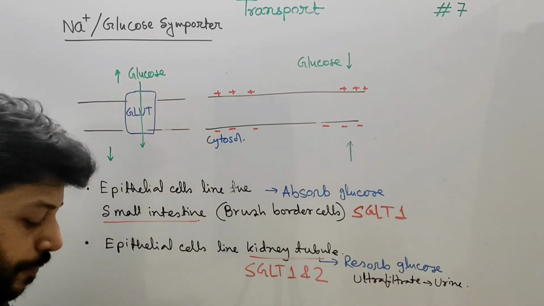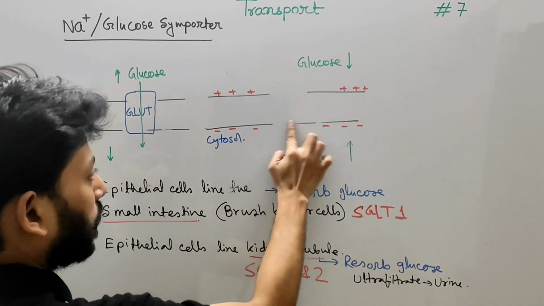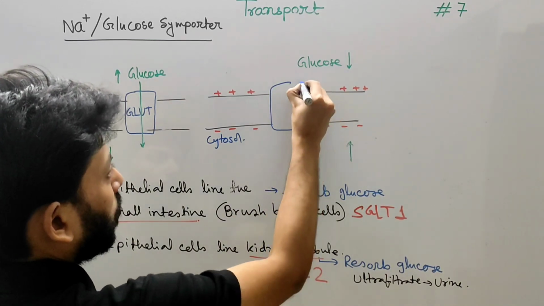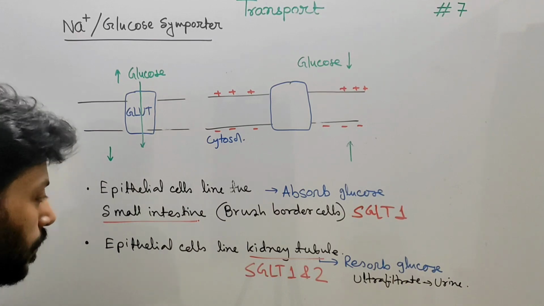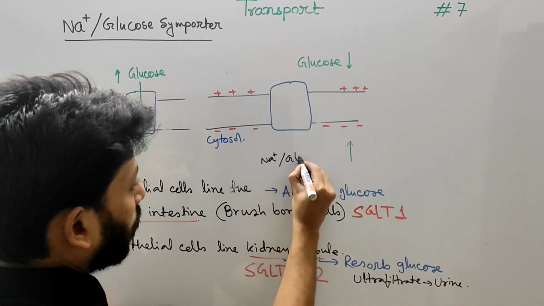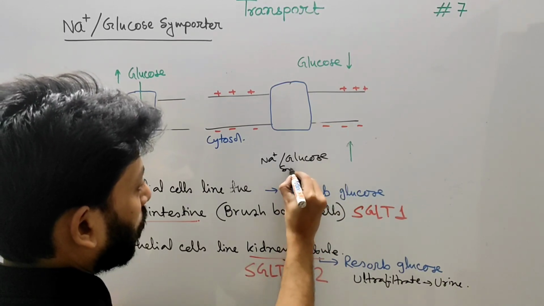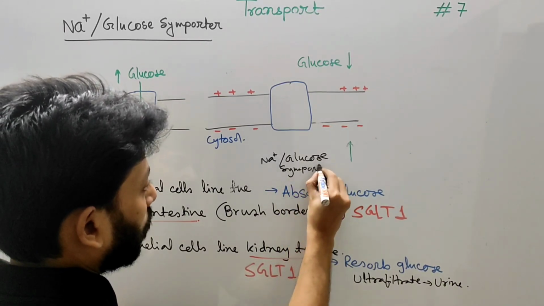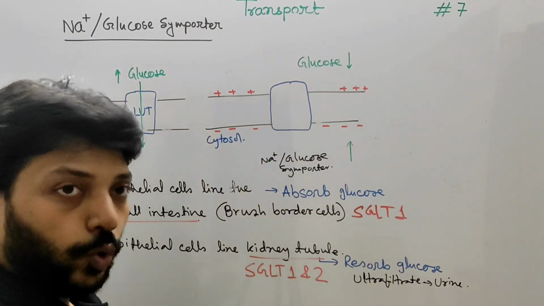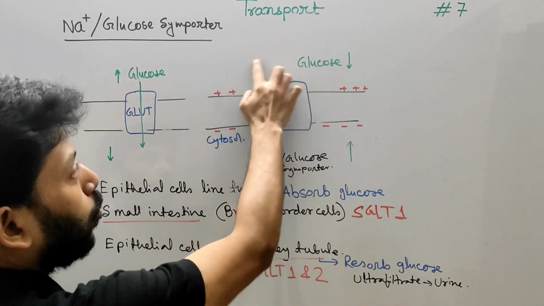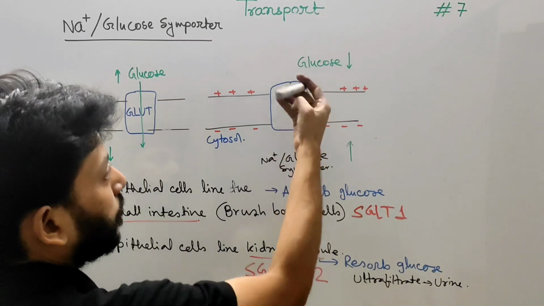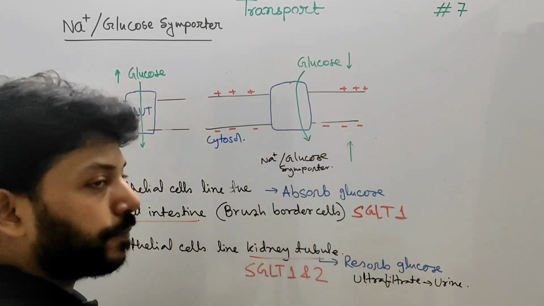In resting conditions, let's suppose this is the Symporter. In the case of this sodium glucose Symporter, the glucose present in the lumen of the small intestine or the kidney tubule moves into the cell.